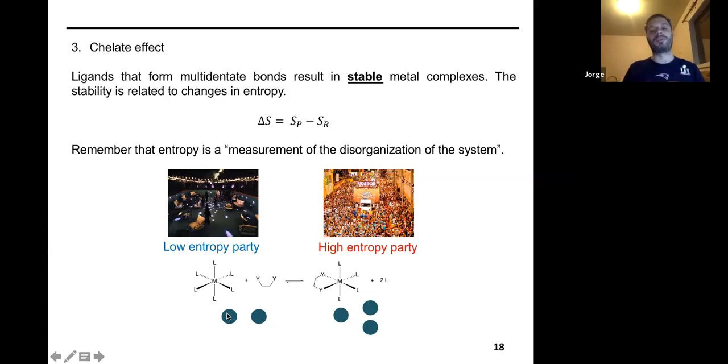Therefore, the entropy of the products from right to left is lower than the reagents. Therefore, nobody wants to go from a busy party to an empty party. Okay, so therefore, the reaction from right to left is non-spontaneous.